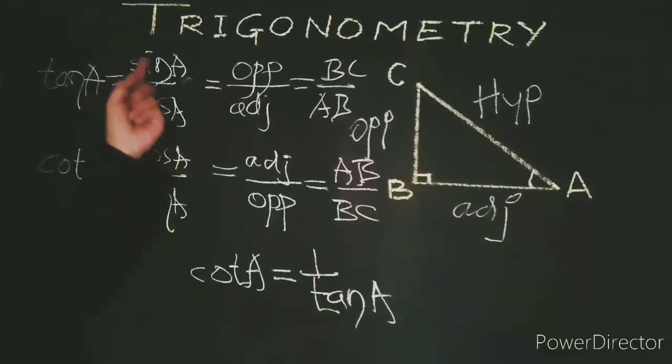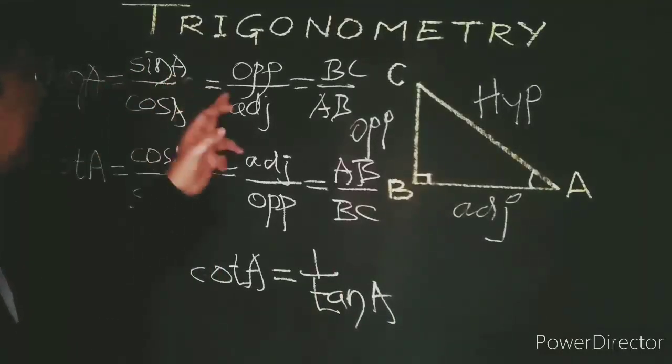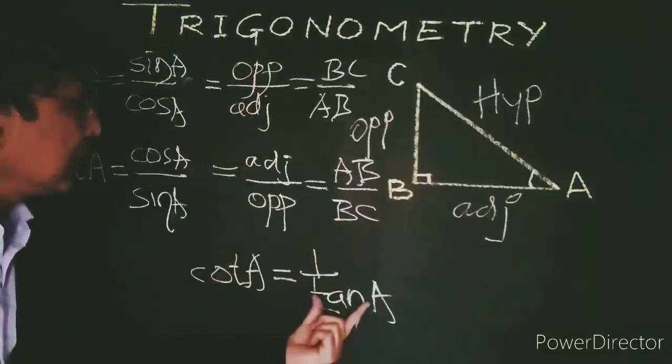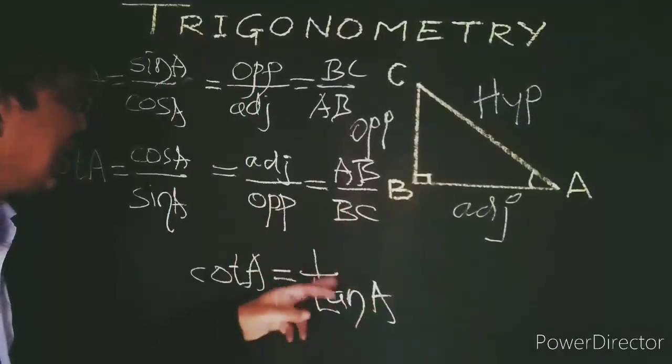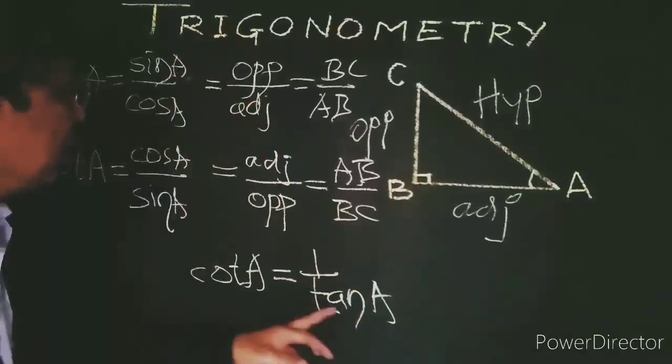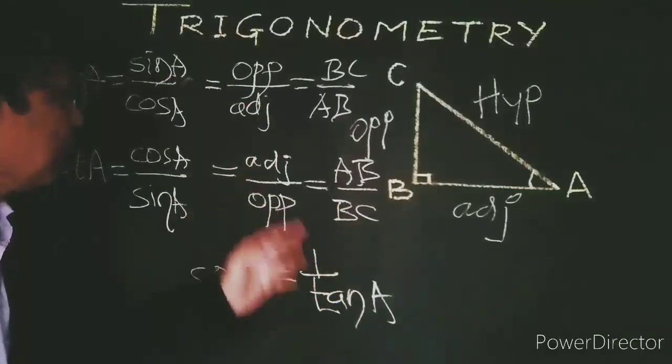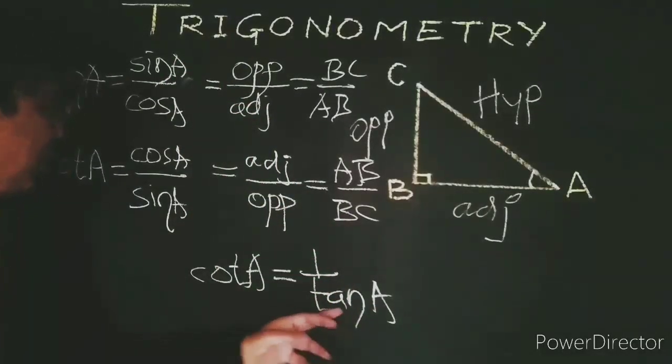How? What is the ratio of tan A? Opposite upon adjacent. It will be inverted, and the adjacent side goes to the numerator and the opposite side comes to the denominator.